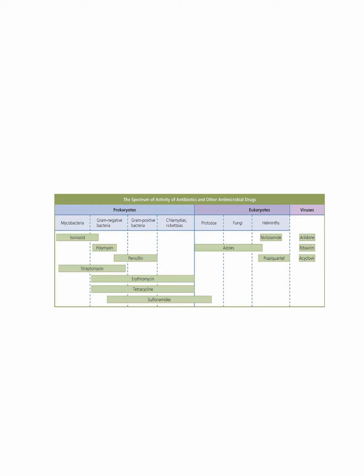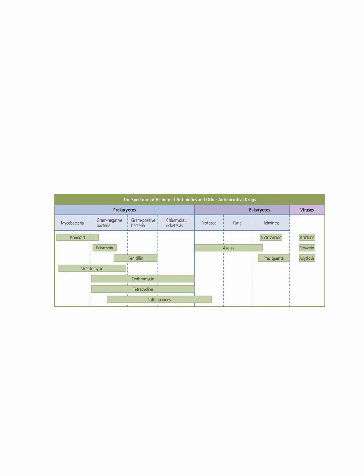So here we've got two stains for bacteria. We've got gram-negative and gram-positive. And when you stain bacteria, it either is one of those. It can be gram-positive or gram-negative. There's also really specific types of microbes like the chlamydias, rickettsias, which are only killed by certain types of these antibiotics.